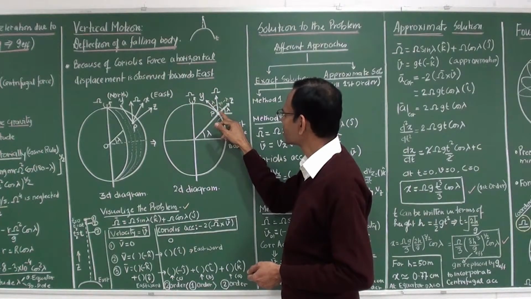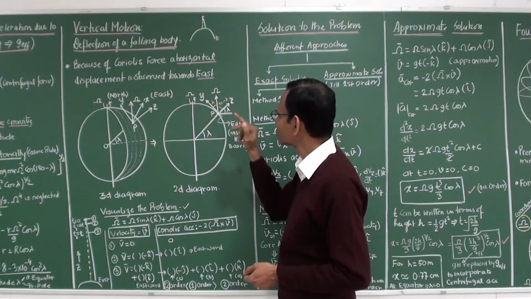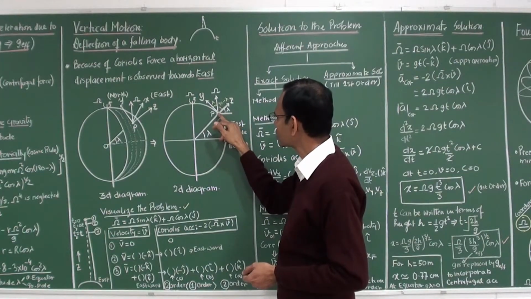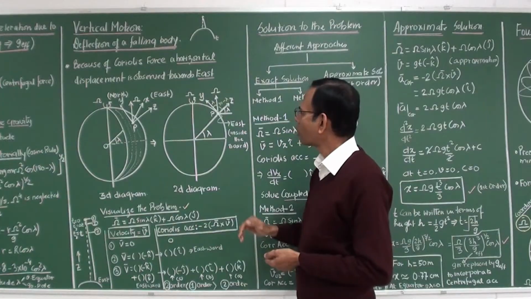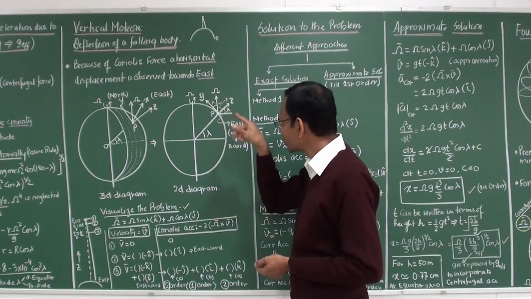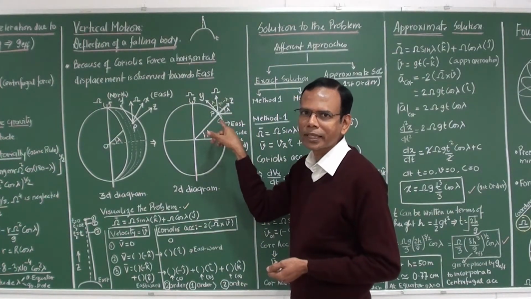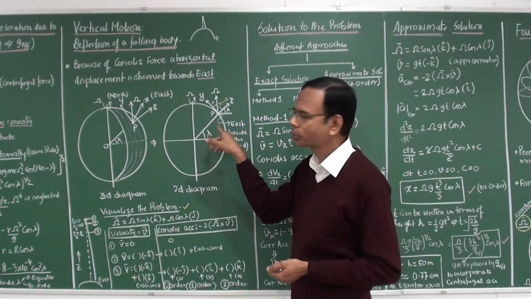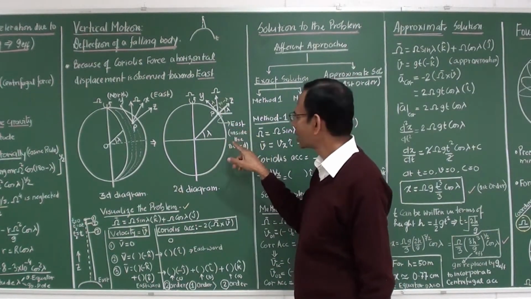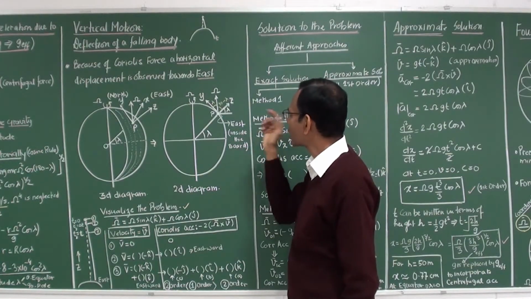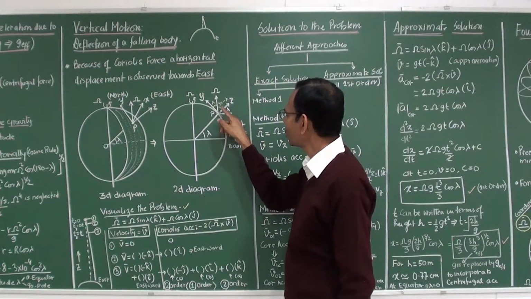The y-axis is a kind of tangent to the surface at this point P. Where is x? X is going inside the page, inside the board. So that is your x-axis, your east, inside the board. Now this is lambda, obviously this angle is 90 minus lambda, and this is again lambda.